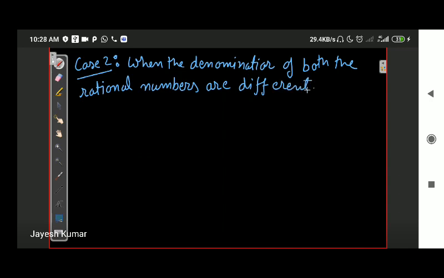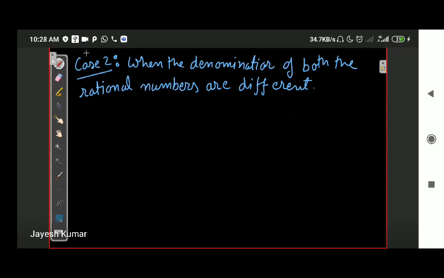So what do we get when we have different denominators for both the rational numbers? We are continuing with the same question, question number 3 of your exercise 1.3, and I'm taking the C part.